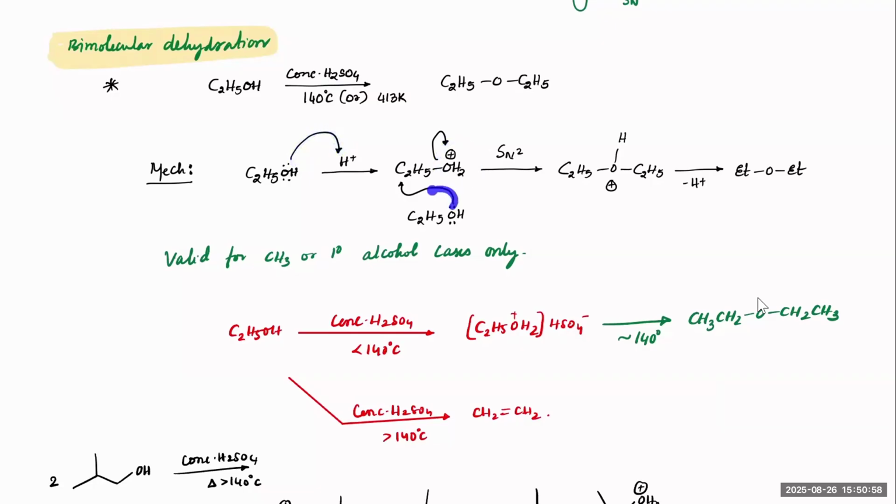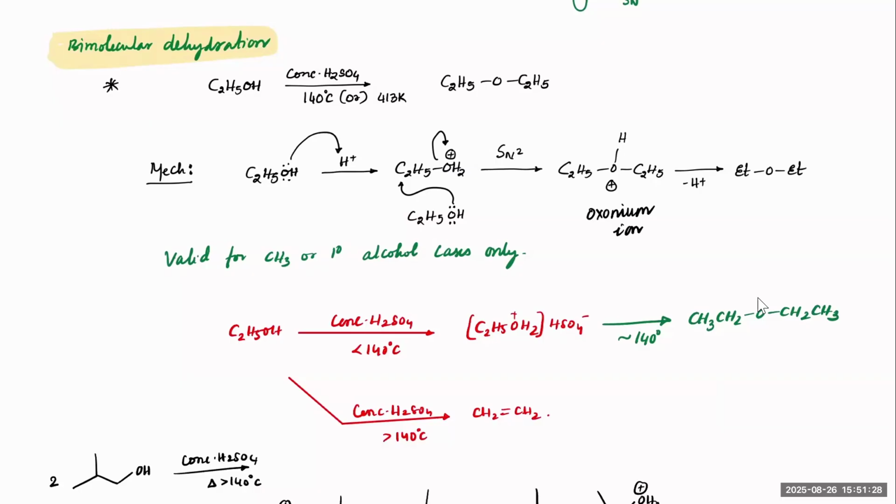Then the second mole of alcohol will attack the carbon, and as it attacks, the water will come out and you will get an oxygen-linked group here. Whenever you have an oxygen plus ion, whenever it is a plus charged one, this is called an oxonium ion. From the oxonium ion, deprotonation, that means H plus will come out, and it ends with an ether form.